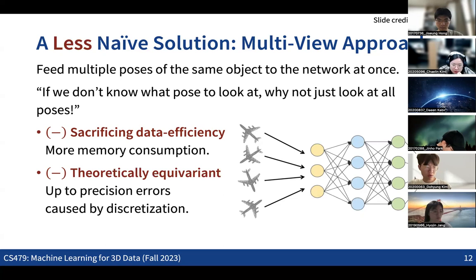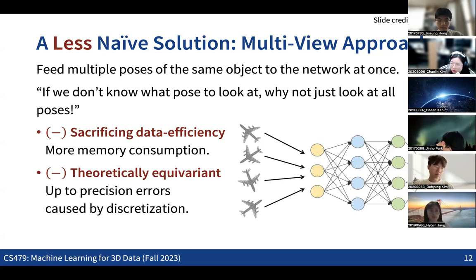We also need to sample a certain set of rotations in the 3D rotation space, which means that depending on how many rotation samples we have, there might be precision errors caused by having a discrete number of samples of the rotations. So these are some really simple approaches to achieving rotation invariance.